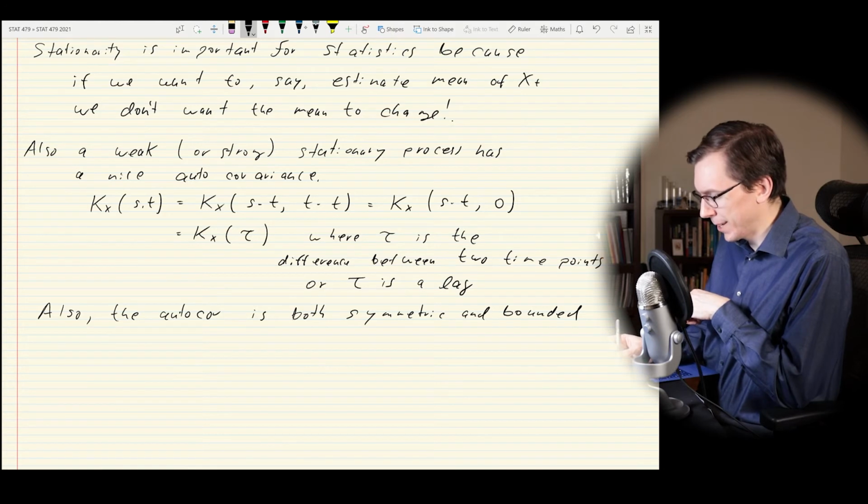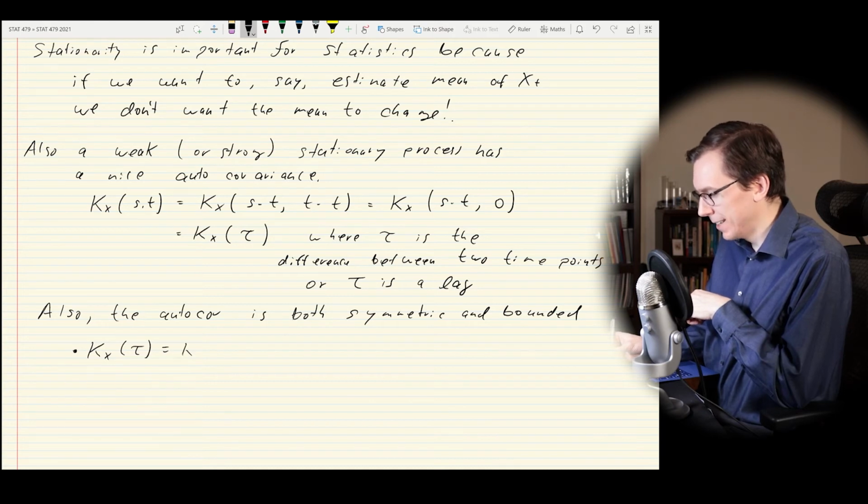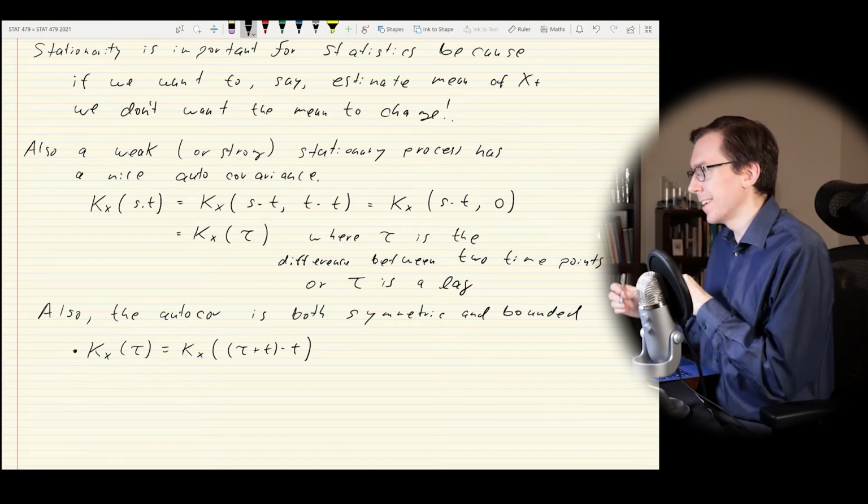So for symmetry, what we have is that kx at lag tau is the same as adding and subtracting some time t from that. So we can have tau plus t minus t. All I'm doing is adding and subtracting t here.